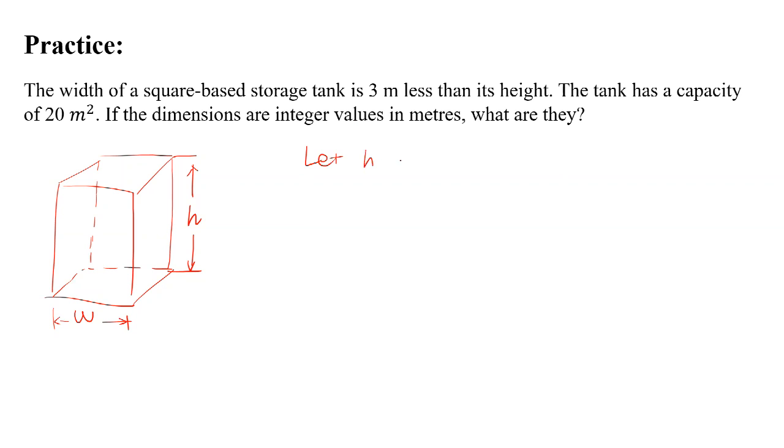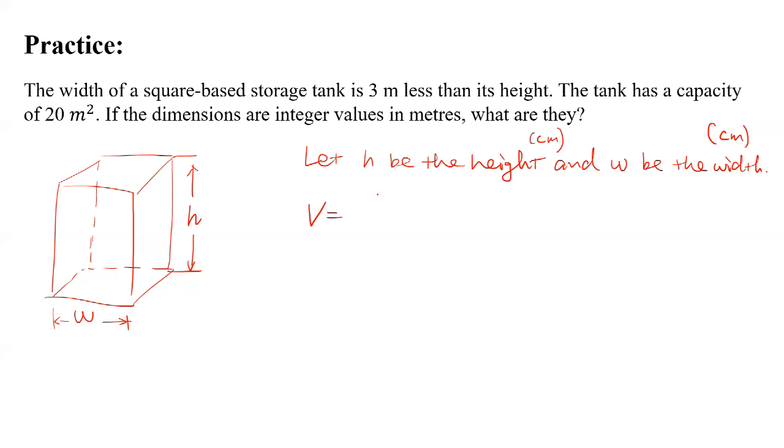Okay, let h be the height and w be the width. The units are meters for both, right? So the volume is w squared times h, right?